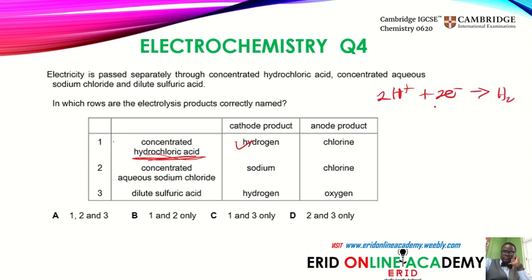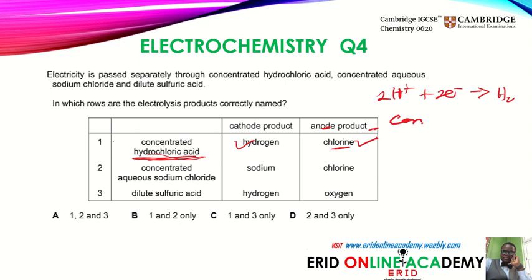But at the anode here, chloride will be discharged because it is concentrated hydrochloric acid. Anytime you have a concentrated solution of a halide being electrolyzed, then the halogen will be discharged at the anode. Let me take that again.